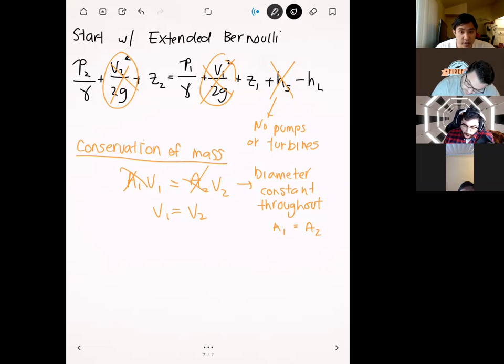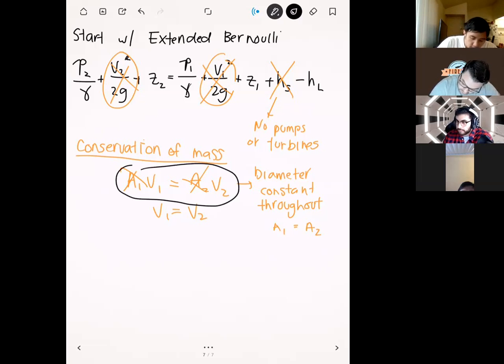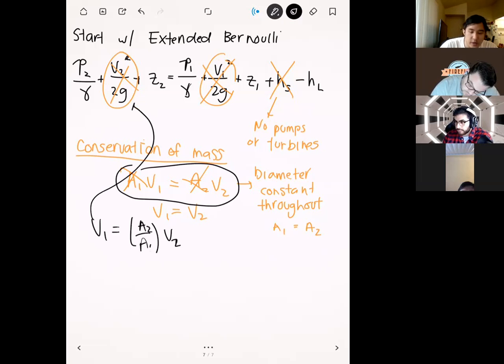So that's a good question. The question in the chat is, what if they don't have equal area? If they don't have equal area, then you can get a relationship between V1 and V2, and then include that in your Bernoulli equation. If they're not equal, then you have this expression here, and you can say V2 is equal to A1 over A2 times V1, and you can plug that back into this expression up here.